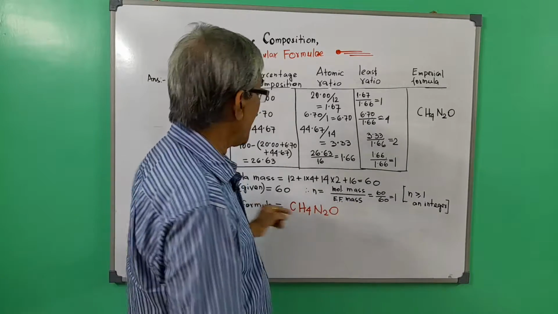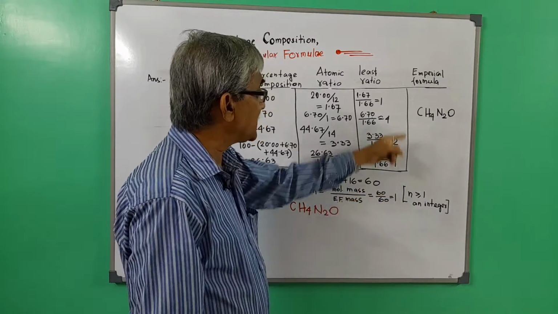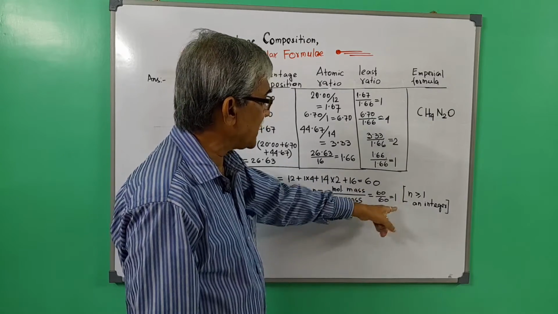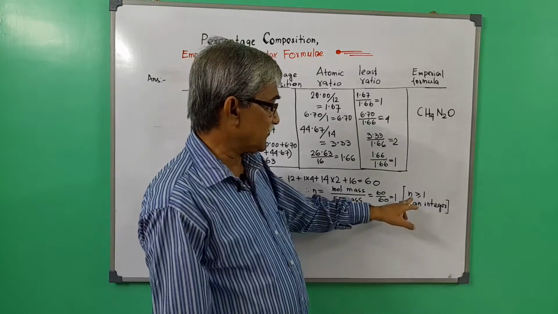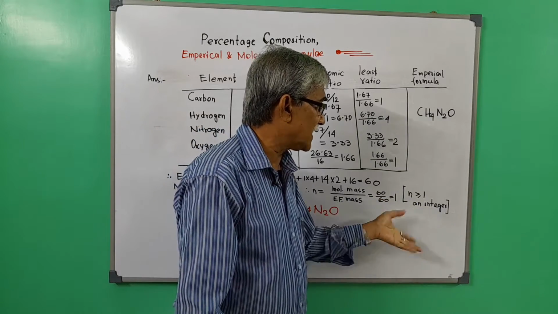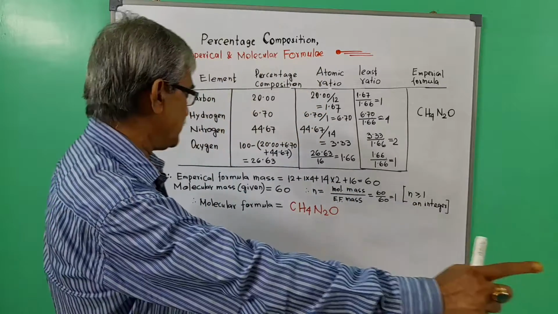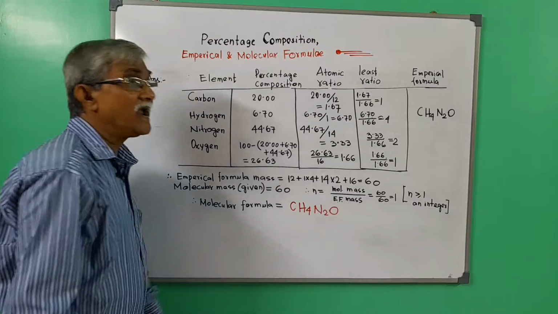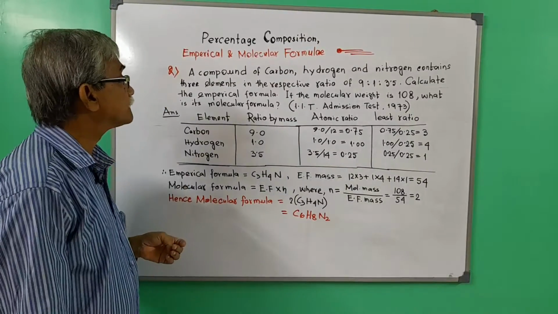The molecular mass given is 60 and the empirical formula mass we have calculated to be 60. So divide it and you get 1. You have to take this n, it's an integer, mind you, n greater than or equal to 1, either 1 or greater than 1, but an integer. Therefore, the molecular formula will be CH4N2O.